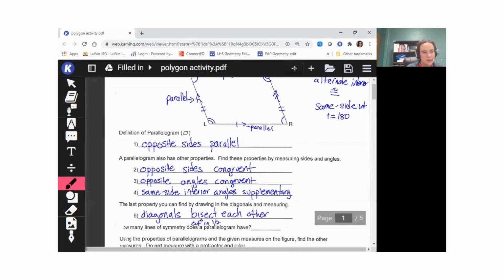So they are literally cutting each other into two congruent parts. So there are no lines of symmetry in a parallelogram because when you fold them anyway, it doesn't line up 100%.